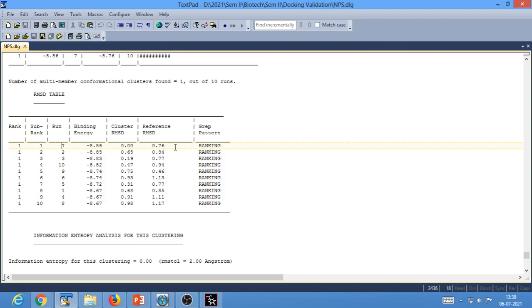So your system is validated if the RMSD between the ligand molecule, or the predicted pose, and the experimental pose is less than 2 Angstrom.